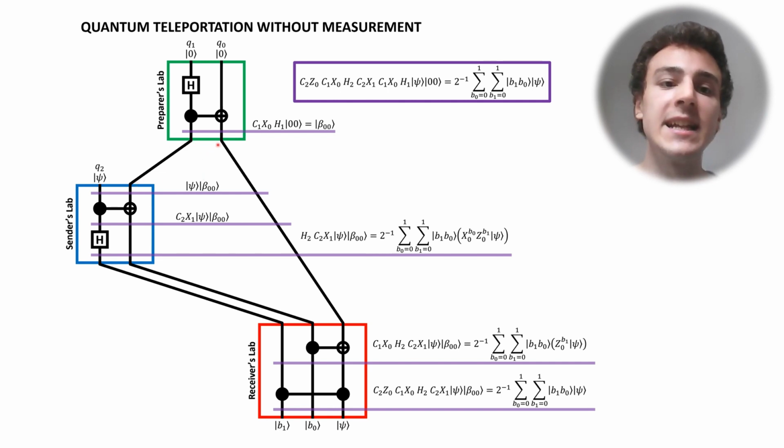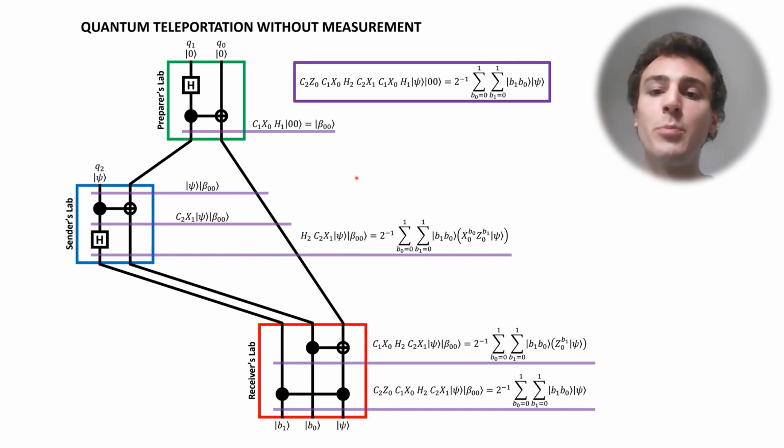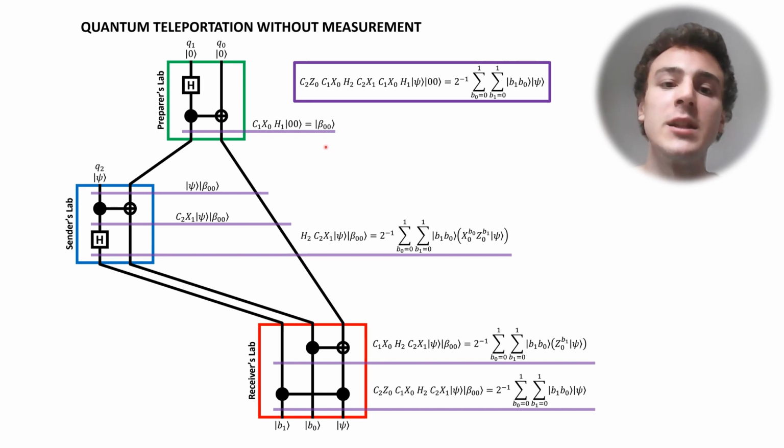Q0 is sent through another single qubit quantum channel between the preparer's lab and the receiver's lab. So that is how we distribute each of these qubits that are in an entangled pair. And that entangled pair is described by this Bell state.